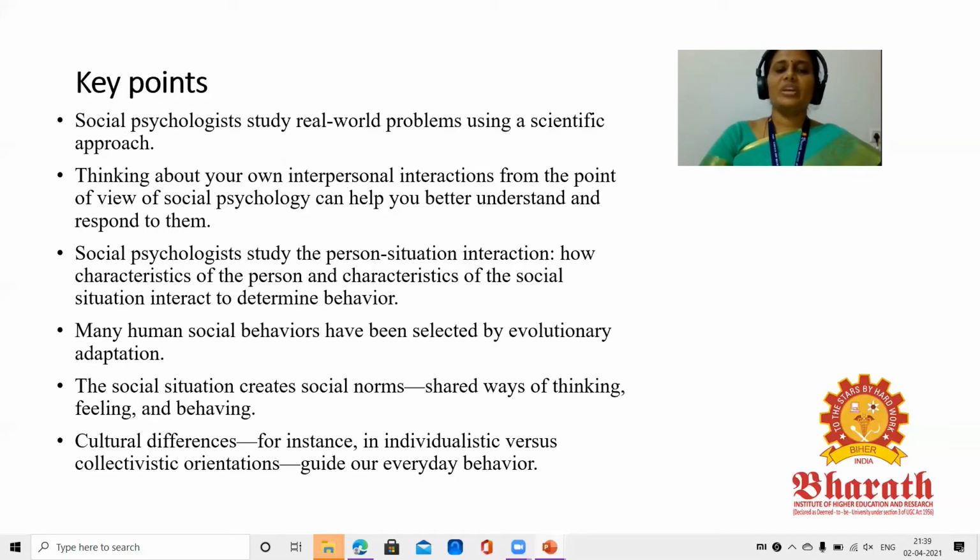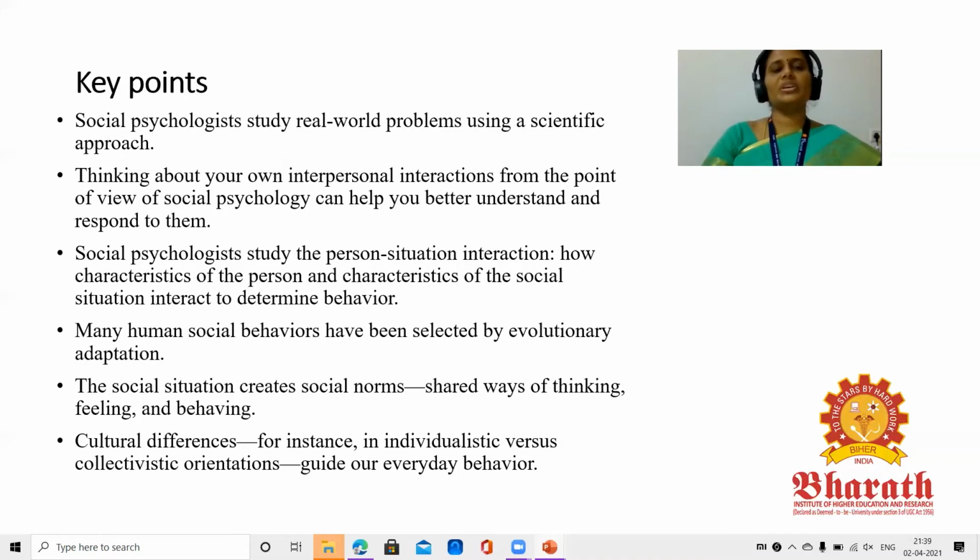Many human social behaviors have been selected by evolutionary adaptation, and social situations create social norms, shared ways of thinking, feeling, and behaving. Cultural differences also influence our everyday behavior. So these are the key points in the introduction to social psychology.